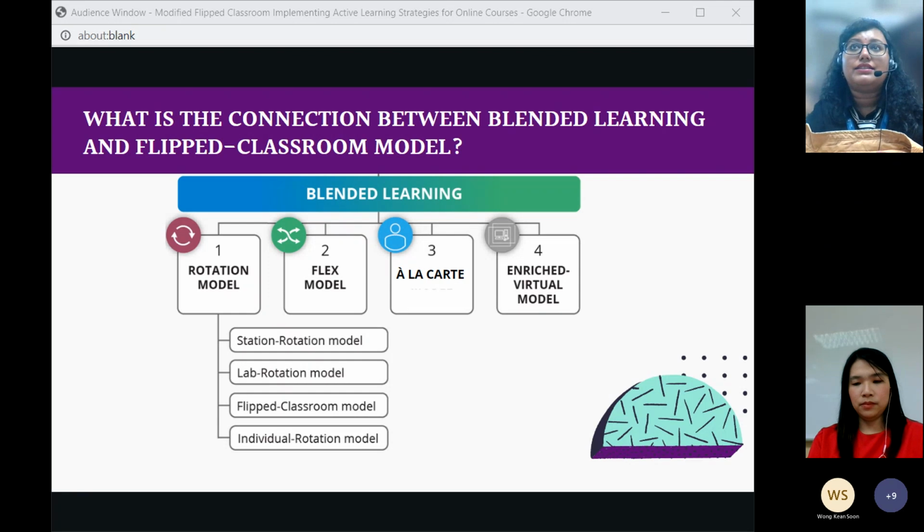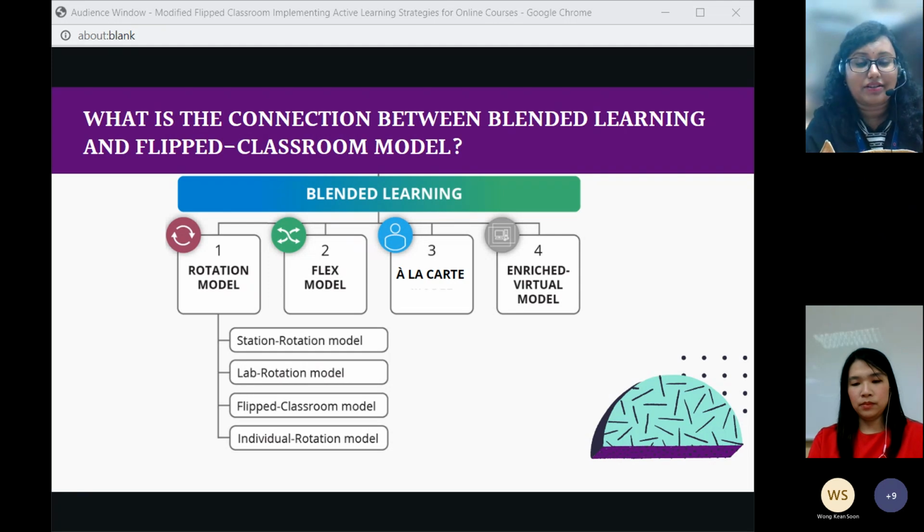Okay, this actually gives them some kind of movement, instead of just sitting there and writing on a piece of paper, they're actually being very active and they move around the class. So lab rotation is also one of the ways where you rotate between classroom and the lab. Okay, so the flipped classroom model is basically when you allow students to study at home, give them materials.